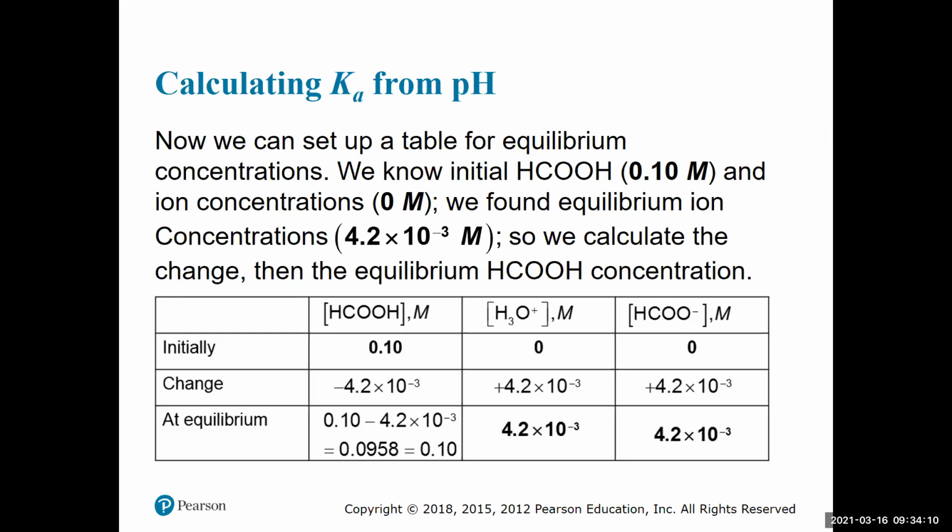And we know that if this is how much dissociated, this is how much formed, then that had to be the amount that was lost of the formic acid based on the reaction stoichiometry. It's all 1 mole, 1 mole, 1 mole. So at equilibrium, it's 0.1 minus this 4.2 times 10 to the minus 3.